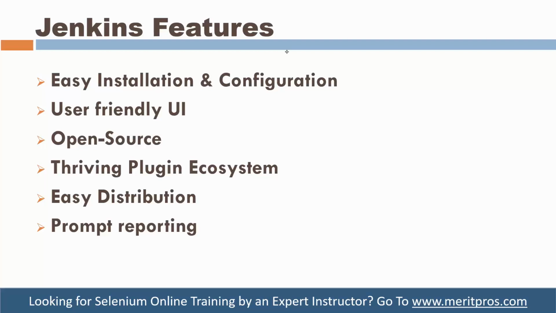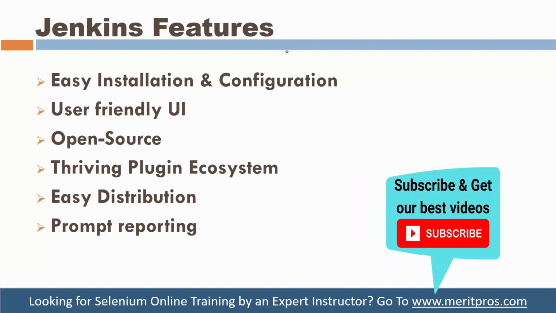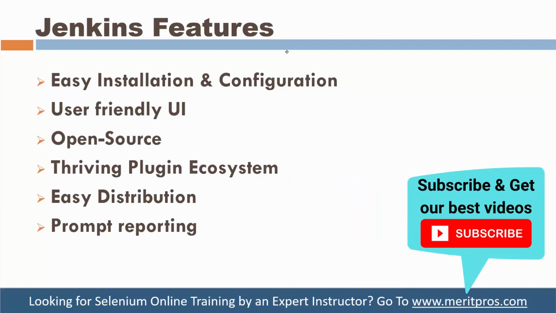Obviously, to run multiple projects, I need multiple support systems. This support system is nothing but your plugins. So it is called a thriving plugin ecosystem. It has the solution for every problem. Whatever problems, issues, or queries you have about your current project which you want to execute from Jenkins, Jenkins has the solution via its thriving plugin ecosystem.